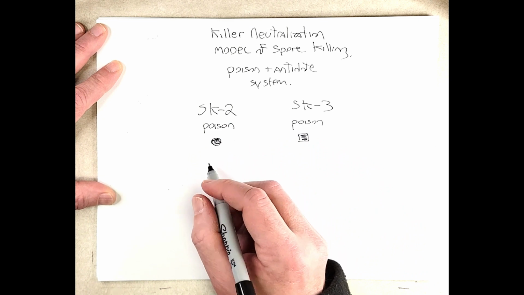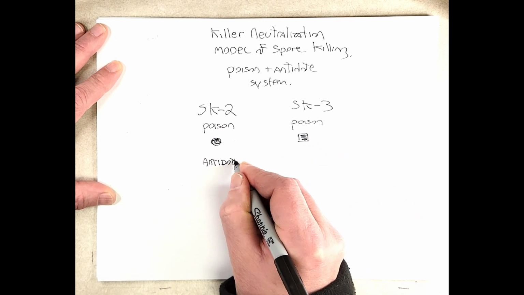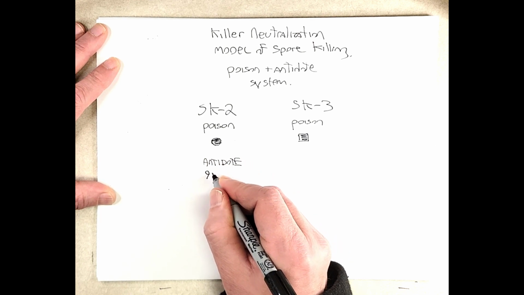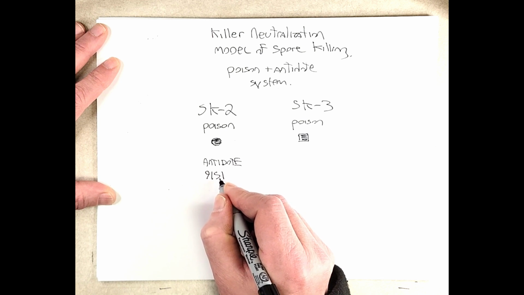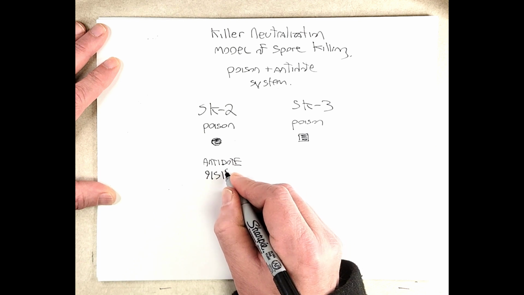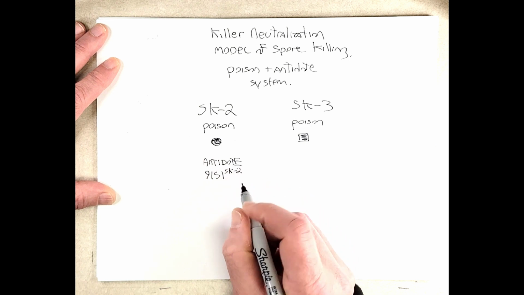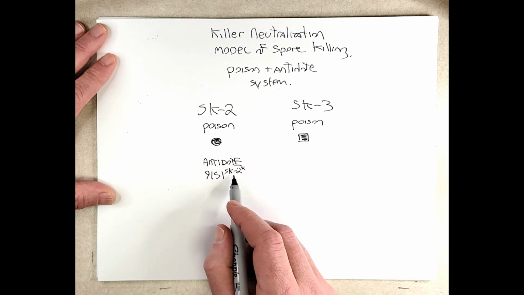Now, SK2 makes an antidote. Hammond et al. suggest that that antidote is a version of 9151, a protein encoded by the NCU09151 gene, specifically the SK2 allele, or the allele found in SK2K strains might be an example.